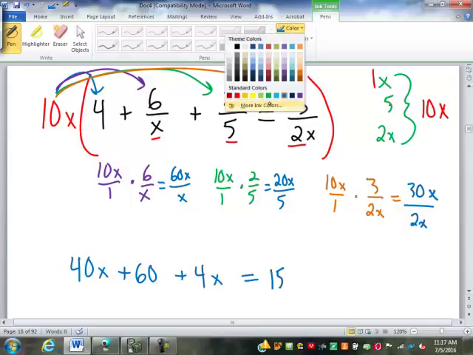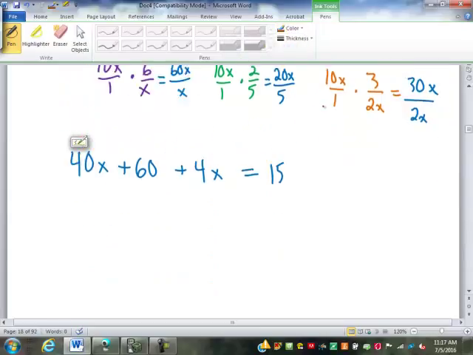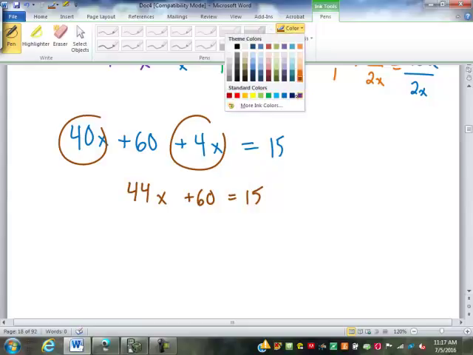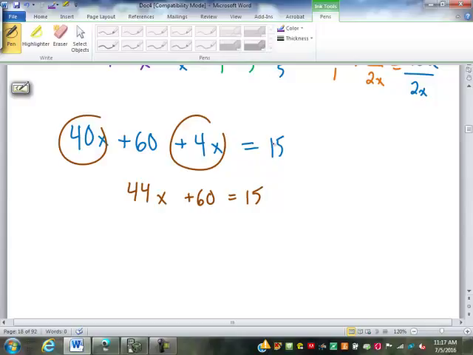So now what? 40x and 4x make 44x plus 60 equals 15. And then subtract 60.